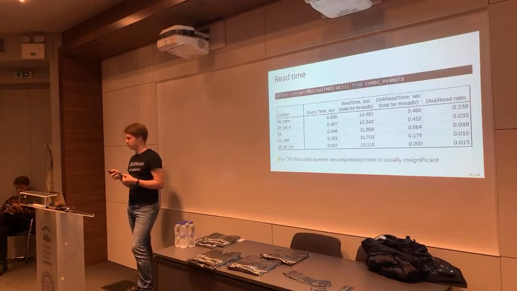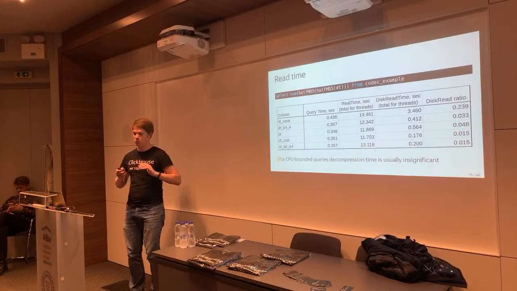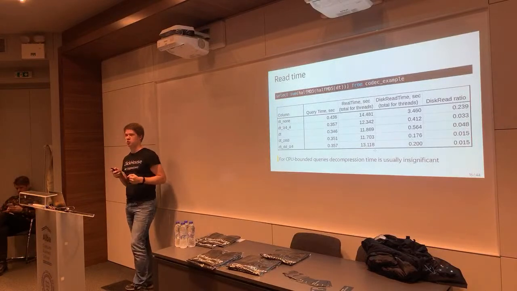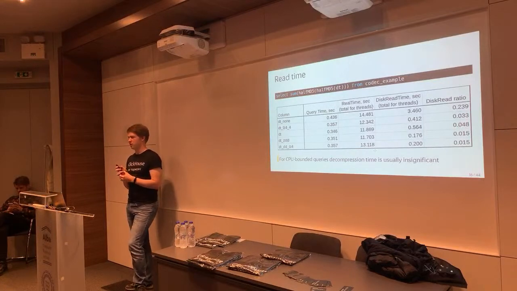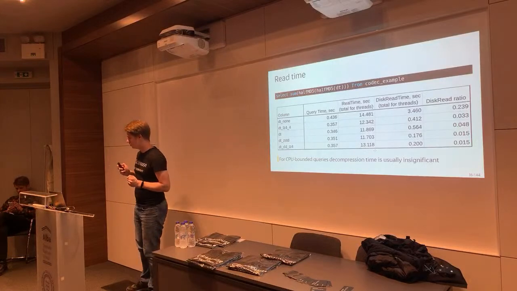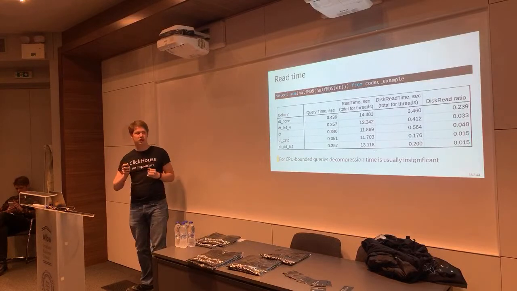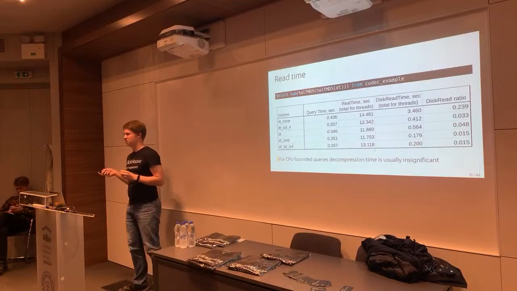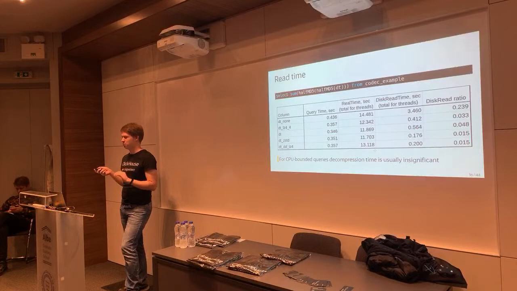You may ask, what if my query uses CPU mostly? I will show you this slide, which uses another query with hash functions. It's also not very heavy. But if we compare the disk read ratio, it will be about 3 to 5% of our query length.